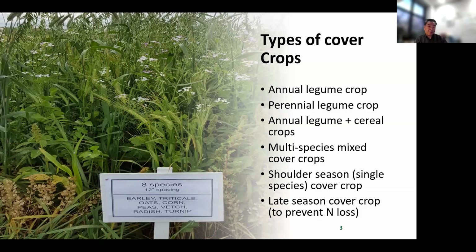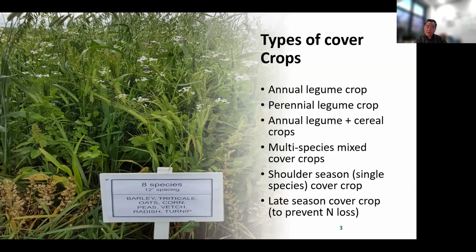If it is winter killed, then you could grow your cash crop into it. Or if it's not killed, then those guys normally would spray and kill them.